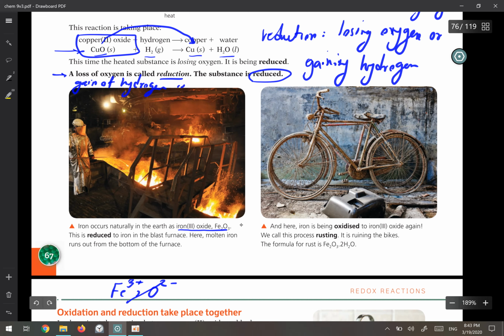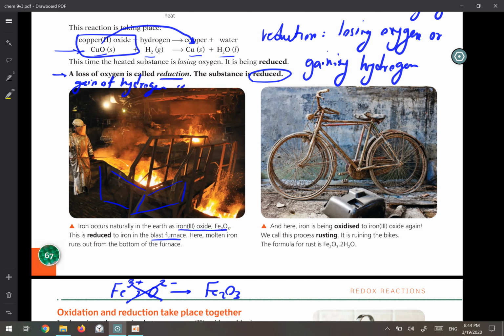So this 2 comes here, 3 goes here, and the formula would be Fe2O3, which is written here. It's just a revision from the previous chapter. In nature you have iron oxide, but iron oxide is useless. You cannot use that one. You need to extract the iron from it. So what we do in this case is put this iron oxide into these containers, which we call a blast furnace, and we apply a large amount of heat.